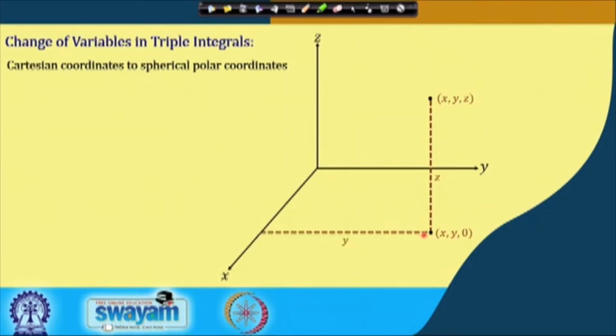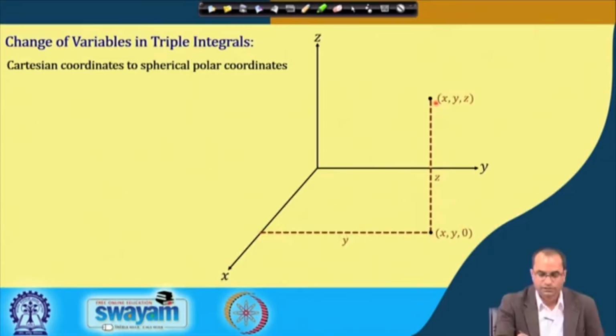And from the x axis along the y axis, the distance of this point, which was the perpendicular from this x y z point to the x y plane, is given by y, and then the x coordinate, that is the distance from the origin.